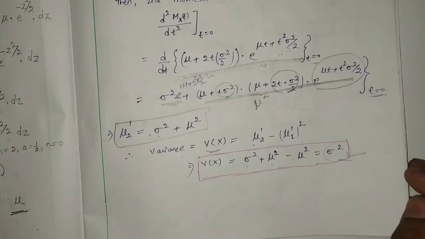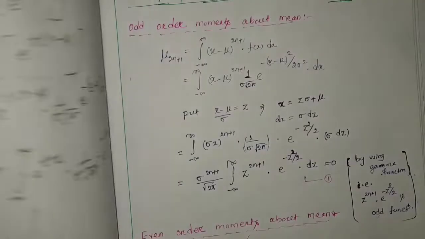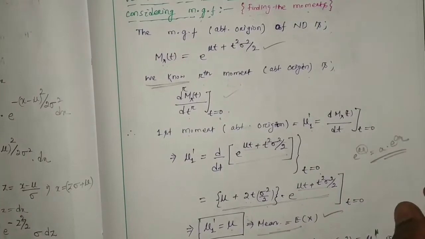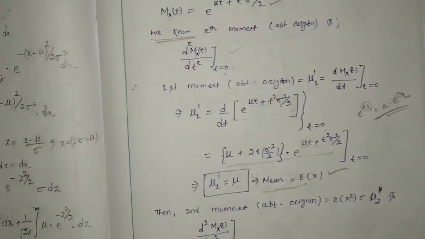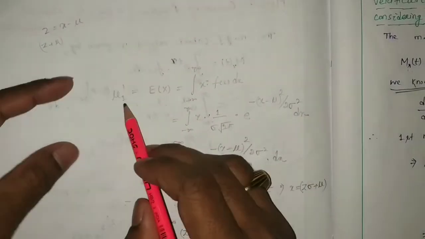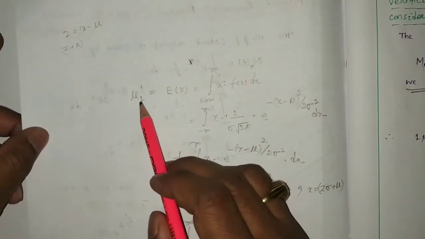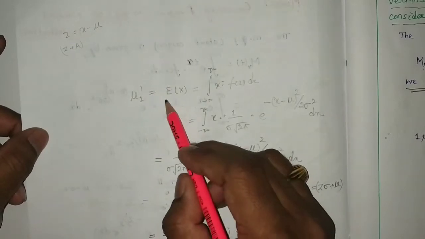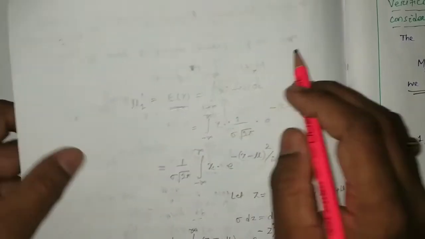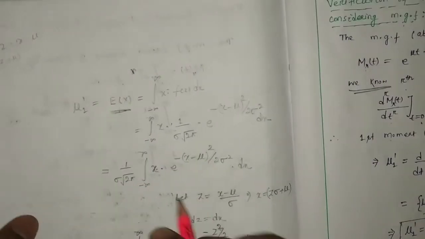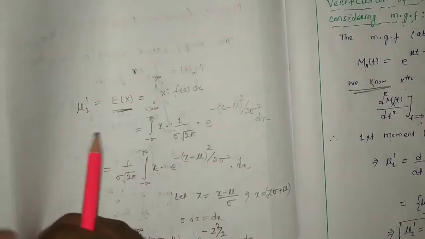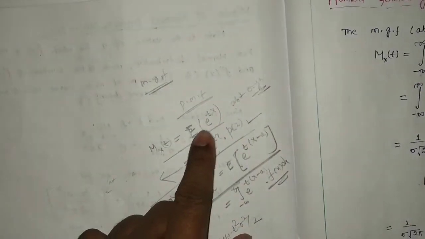Okay. See, you may remember that the moments can be found in this method and also in our traditional method. mu 1 dash is nothing but expectation of x. So expectation of x means, as I told, expectation of e to the power tx.